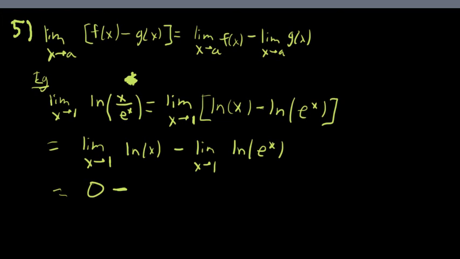We first saw that as x approaches 1, e to the x is going to approach e. And then we had to find the ln of e, which is asking, what do you have to raise e to to get e? Well, you have to raise it to 1. So this is 0 minus 1, which is -1.